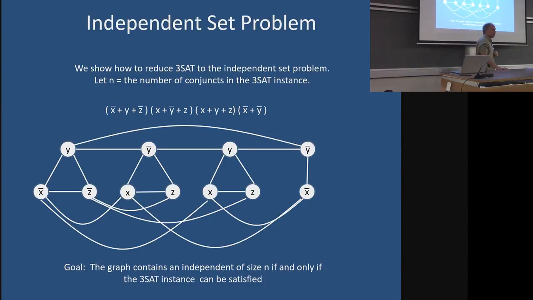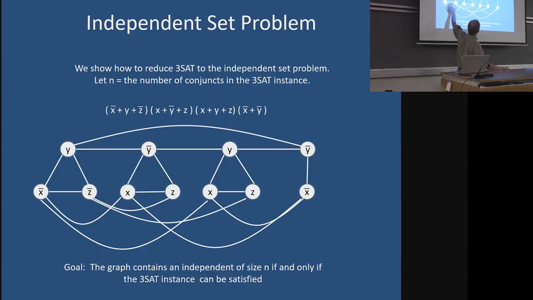Think of it as picking something that is going to be true up there. Think in terms of when you pick a vertex down here, you are saying x bar is true, or equivalently, x is false. So you're picking something here that'll make that first conjunct true. You're picking something from here that'll make the second conjunct true, and so on.